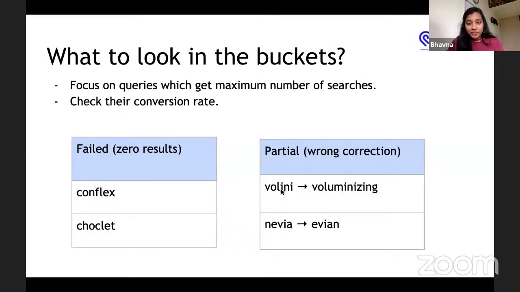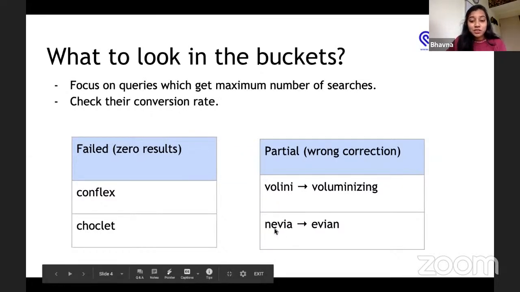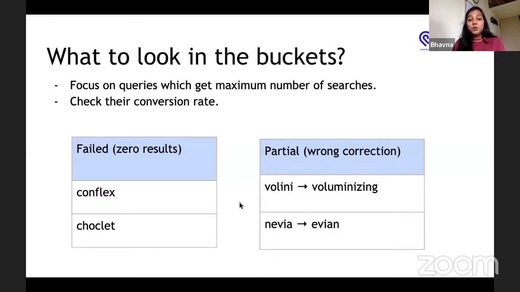For example, Volini: we do not have Volini products on BigBasket, but users searched for Volini and the system was correcting it to volumizing. And similarly, users were searching for Nevia and the system was correcting the spelling to Evian, which is completely irrelevant, right? But these problems, you will be able to notice only when you look at each query, correct?